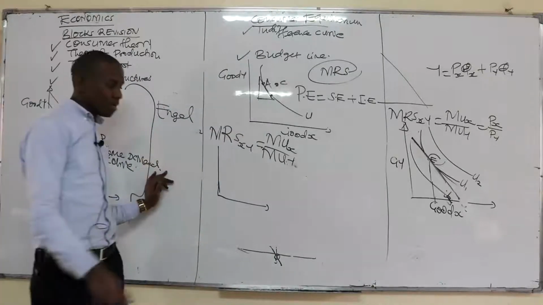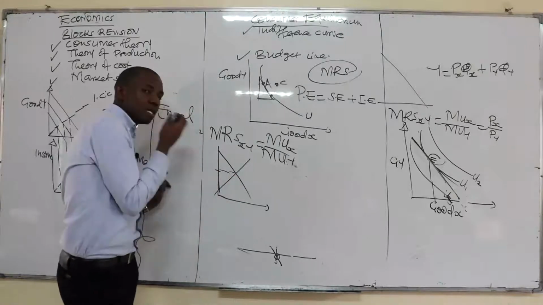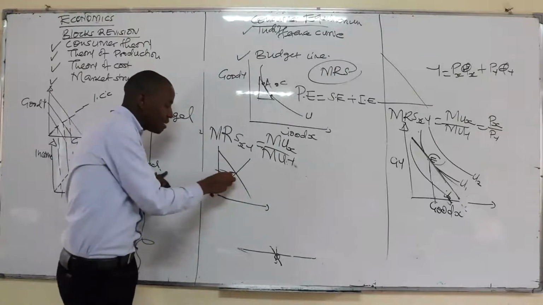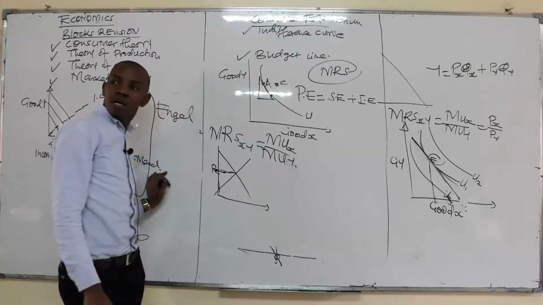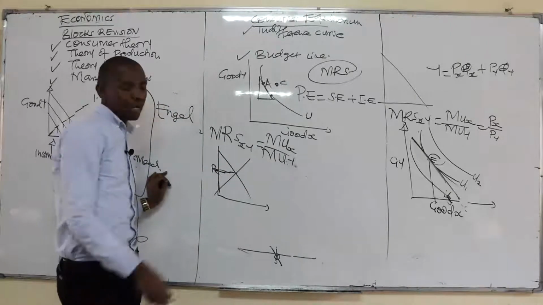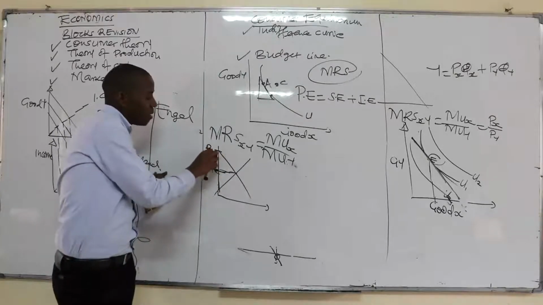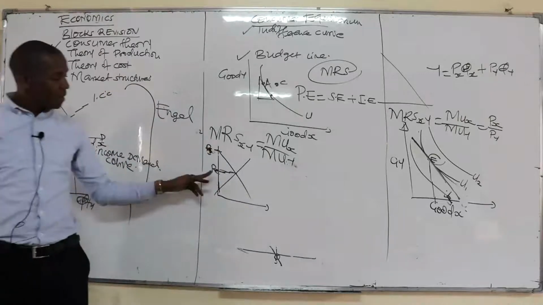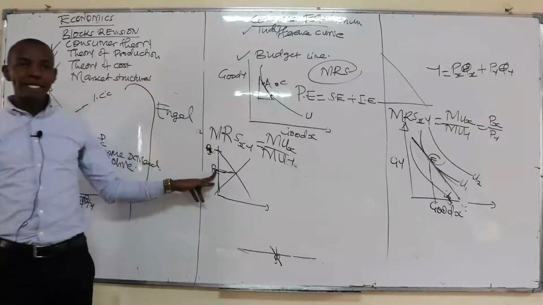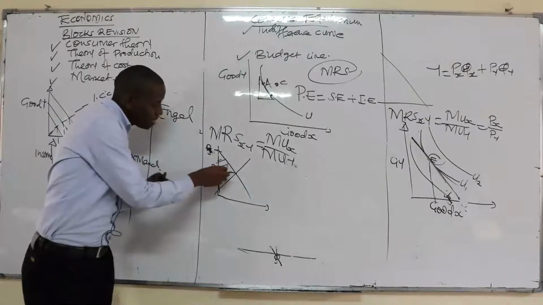This is the actual price, which is the equilibrium price. The consumer in this case is willing to pay P1. This is the price that the consumer is willing to pay, and the equilibrium price is PE.